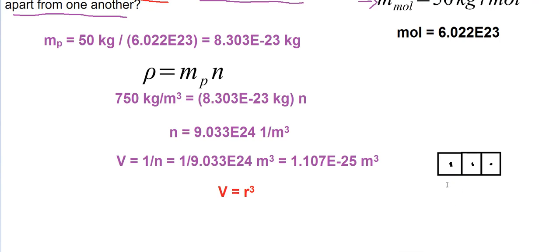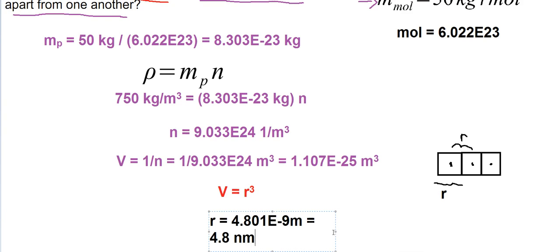You'll notice that the length or the radius of one of the individual box sizes, from here to here, is roughly the same as the distance in between the particles if they're evenly spaced. What that means is we can find R very quickly because we know what V is. You can simply take the cube root of V, and you will get the distance in between each particle, which is 4.801 times 10 to the negative 9 meters, or roughly 4.8 nanometers in between.